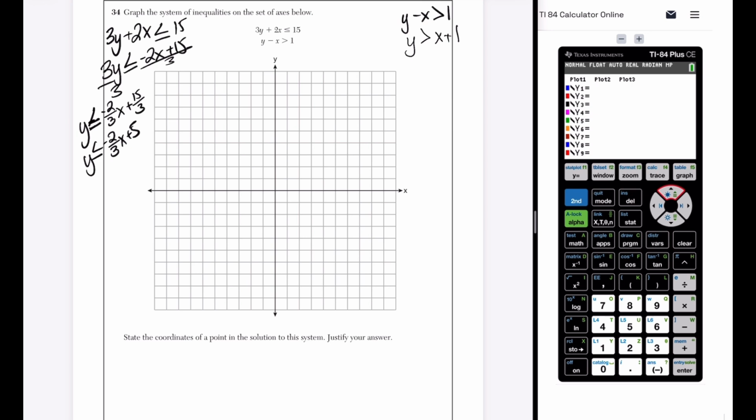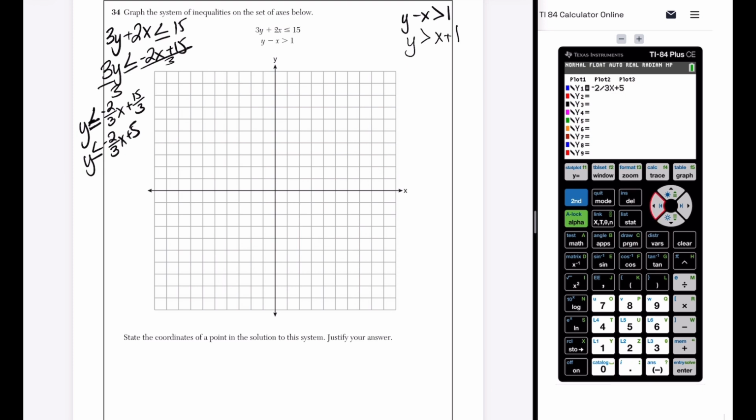So now I can go to my graphing calculator and we can put both of these in. So here's the first one. We have negative 2/3 x plus 5.